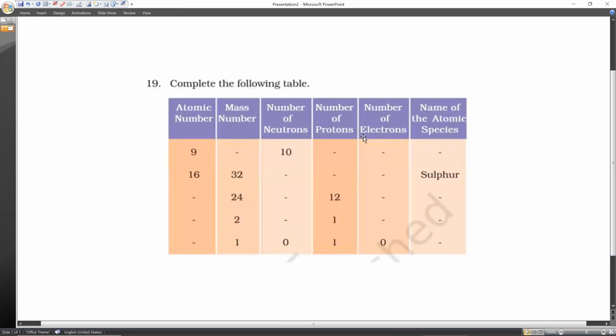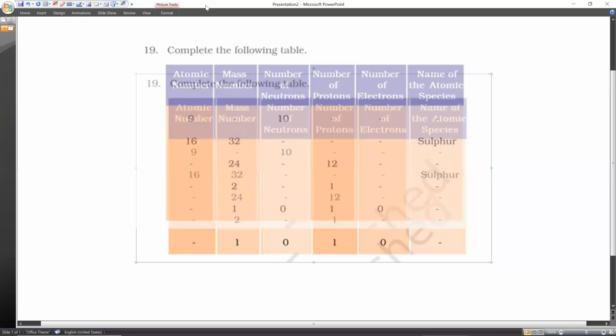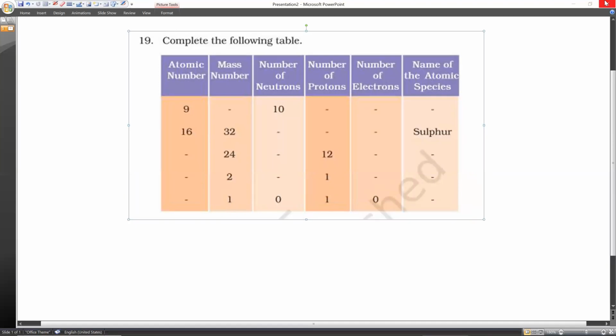On the basis of the information that you have studied, please do this question.